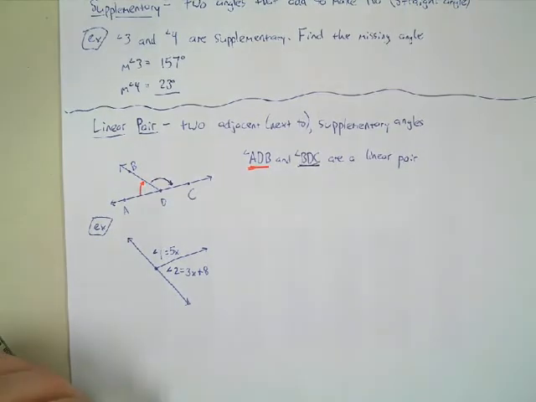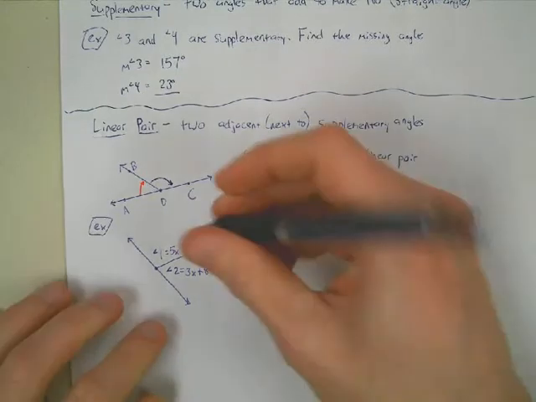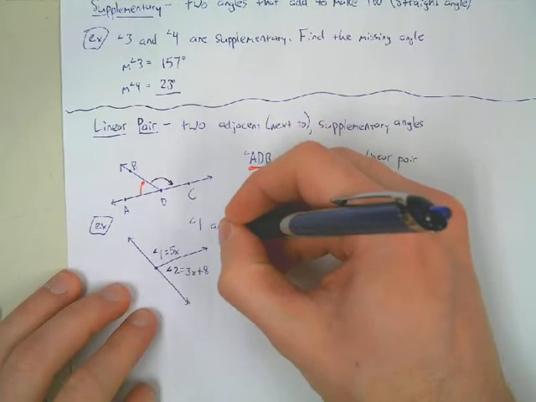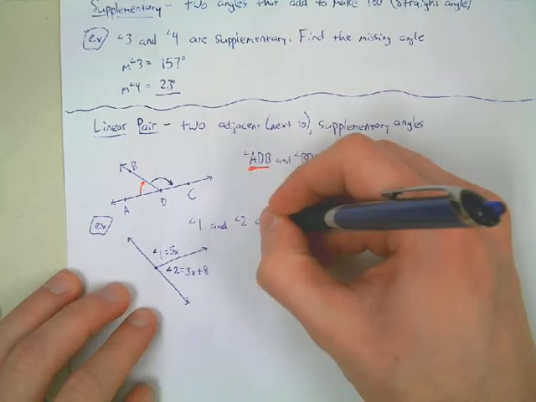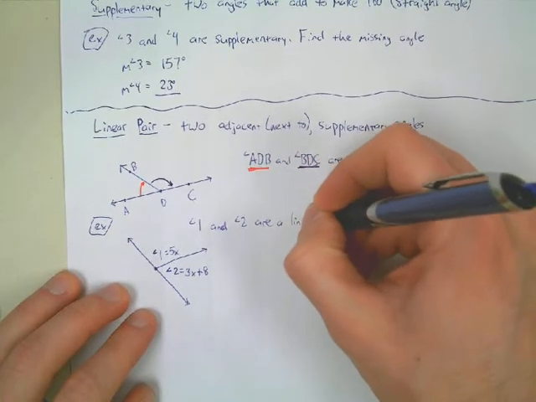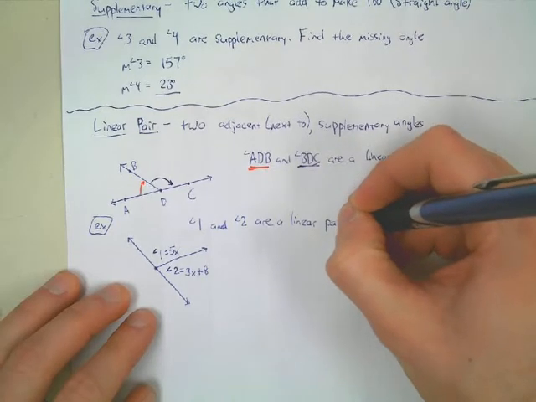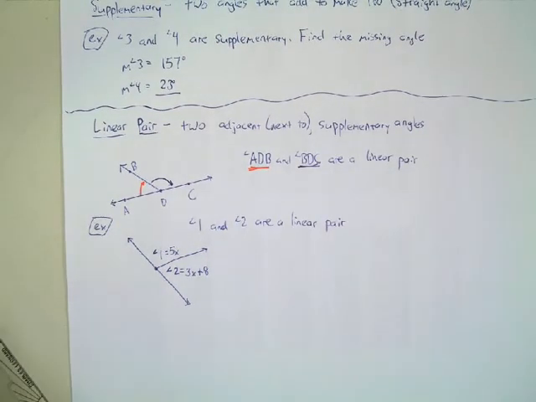We'll say that angle 1 and angle 2 are a linear pair, and we want to solve for x.